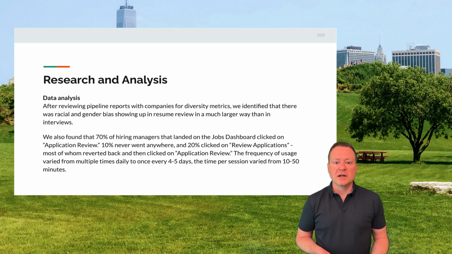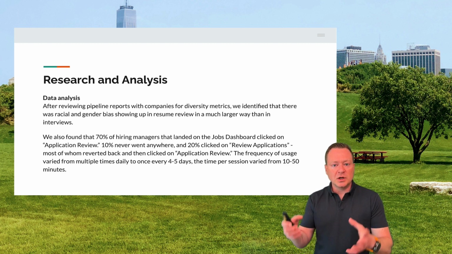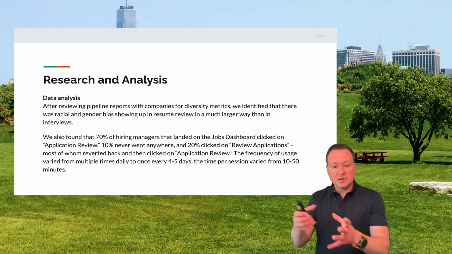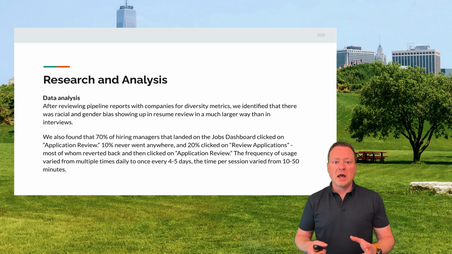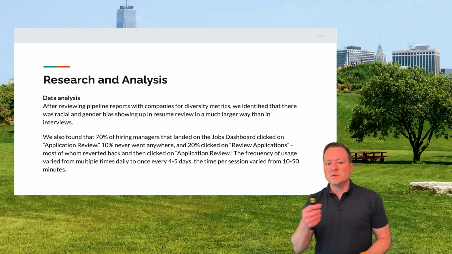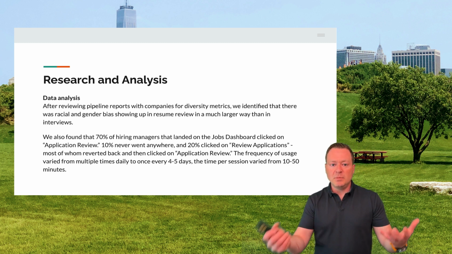And from a data perspective, looking at the fake data, I said, well, I found out that there was racial and gender bias in resume reviews versus the interviews, because I've seen this exactly in other companies where they have a lot of structure in their resumes, a lot of structure in their interviews, and they look at particular criteria. They use the same questions, the same case studies, they benchmark.